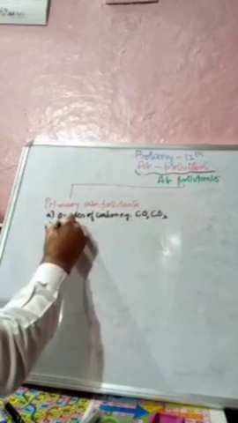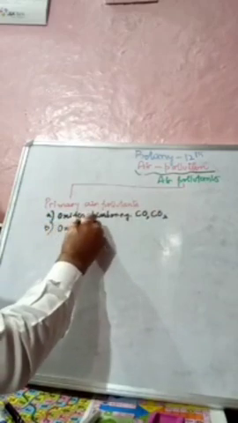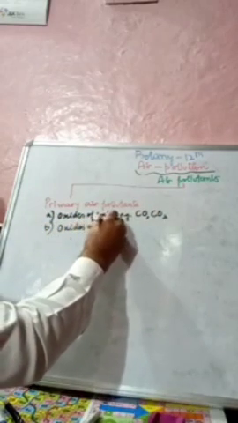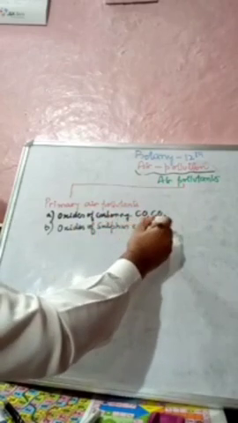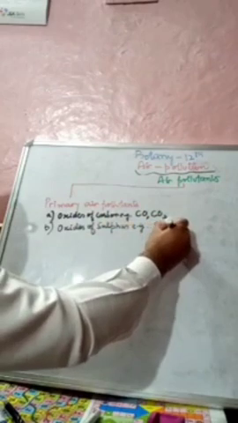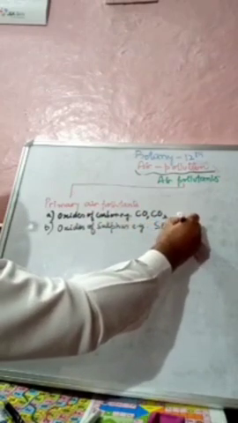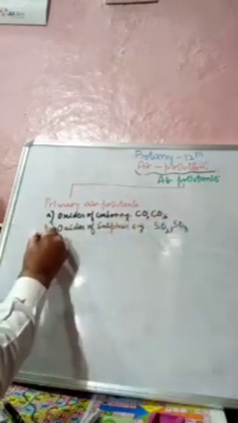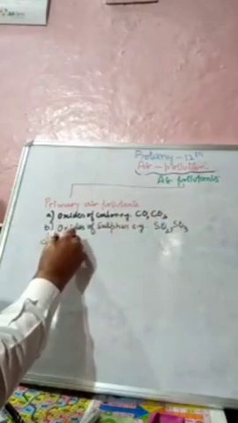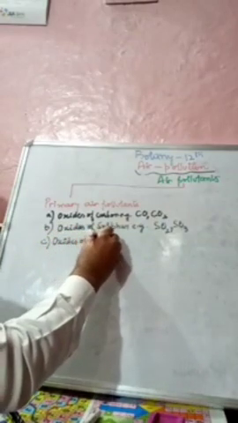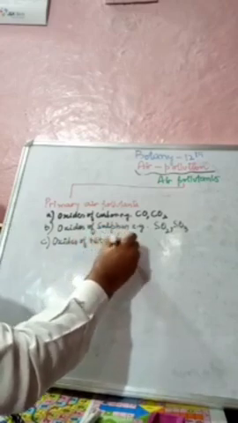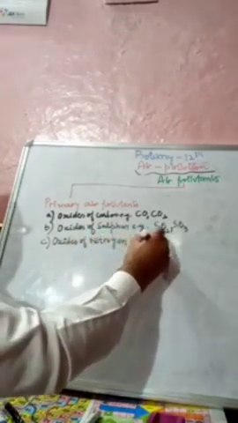B: oxides of sulfur, for example sulfur dioxide and sulfur trioxide. C: oxides of nitrogen, for example nitrogen dioxide.